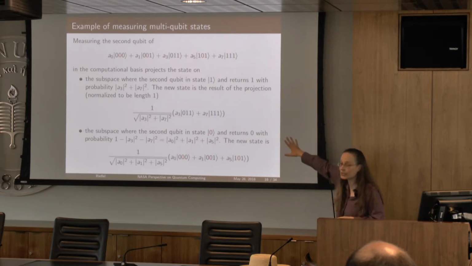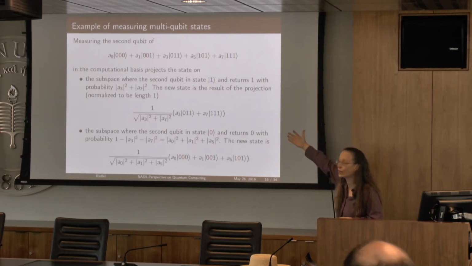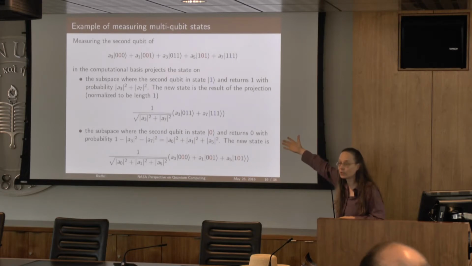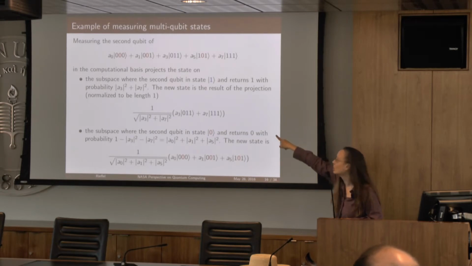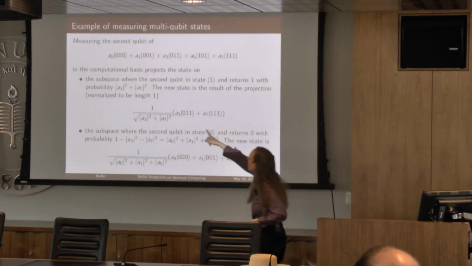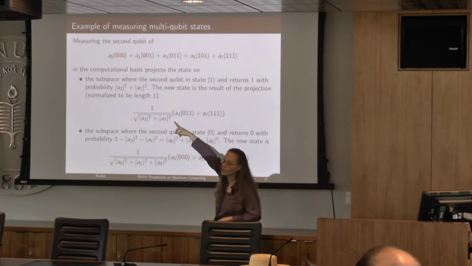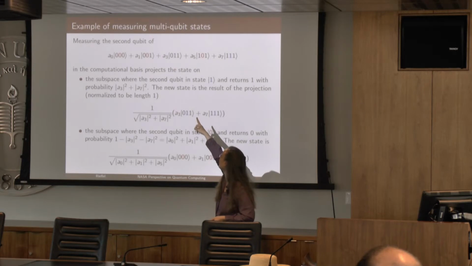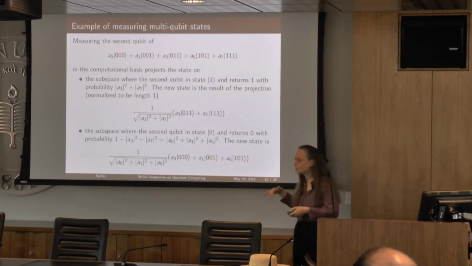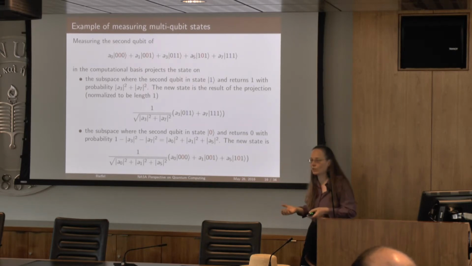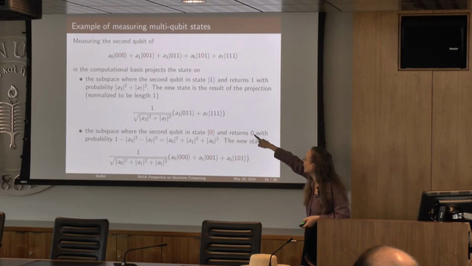So you can get these states, and then what happens when you measure a multi-qubit state? Say I measure the second qubit of this state. It's a linear combination of these basis states, and for some of them the qubit is in the 0 state, and for some it's in the 1 state. A similar thing happens as in the single photon case: you look at the amplitude in front of the ones with a 1.